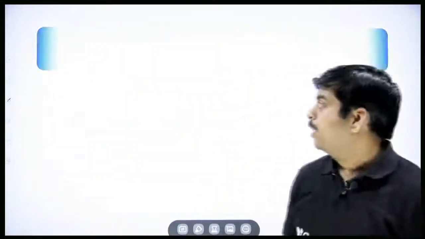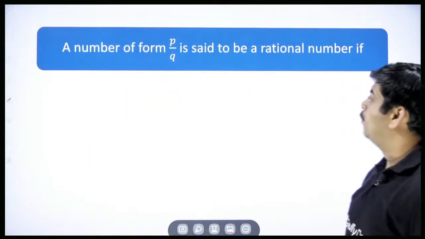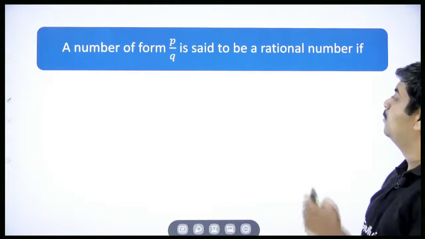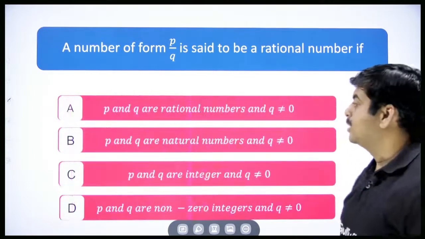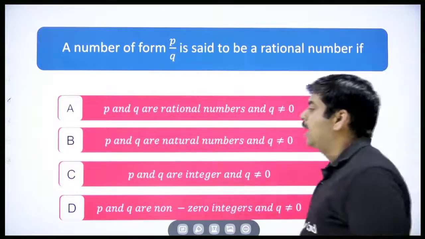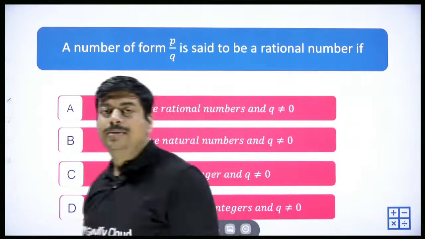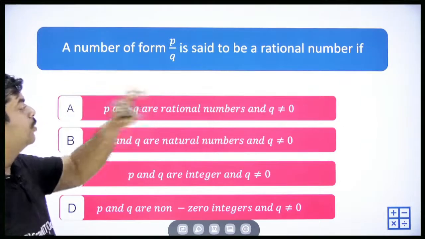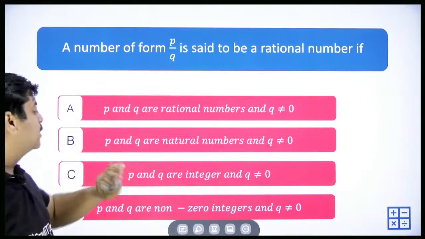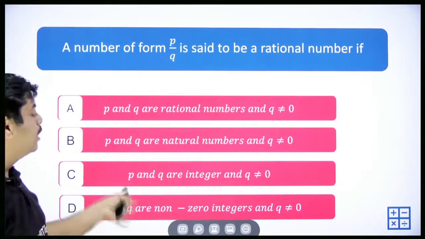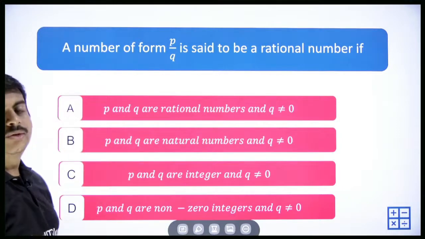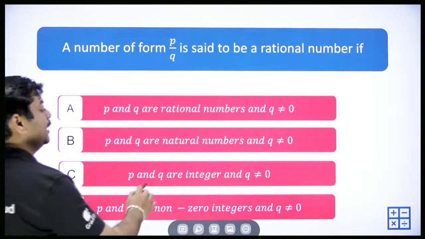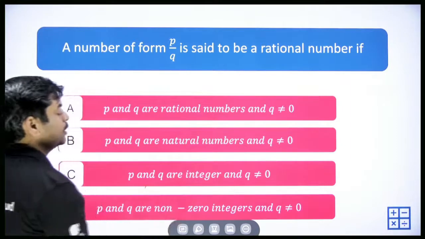Okay, so one more question. A number of the form P by Q is said to be a rational number if P and Q are natural numbers, rational numbers, integers, whatever it is. P and Q are integers and Q is not equal to 0.